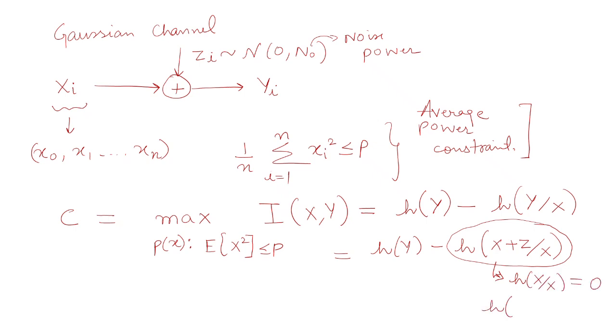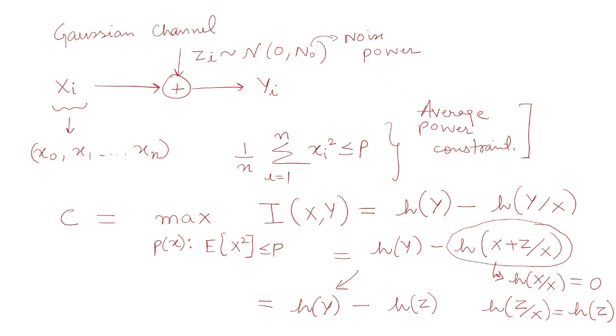And then we have H of Z given X, which is equal to H of Z, because noise Z is independent of the source. So then we can write this expression as H of Y minus H of Z.